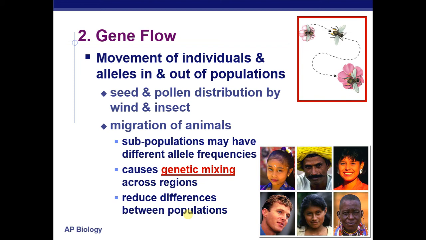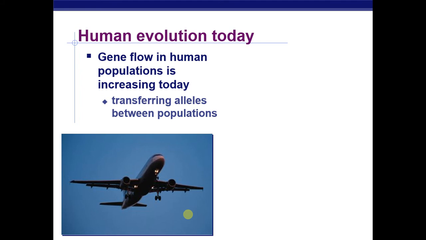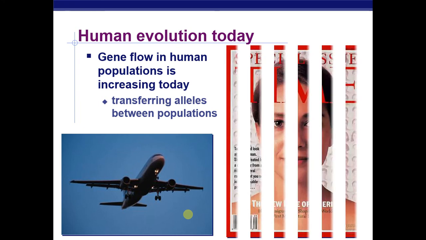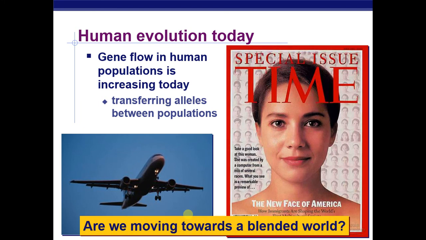We're reducing differences between populations, but also we're creating new novel recombinations of genes that present new traits into the population. Gene flow in human population is incredibly high today because of the increased air travel and the transference of alleles between populations is incredibly diverse.